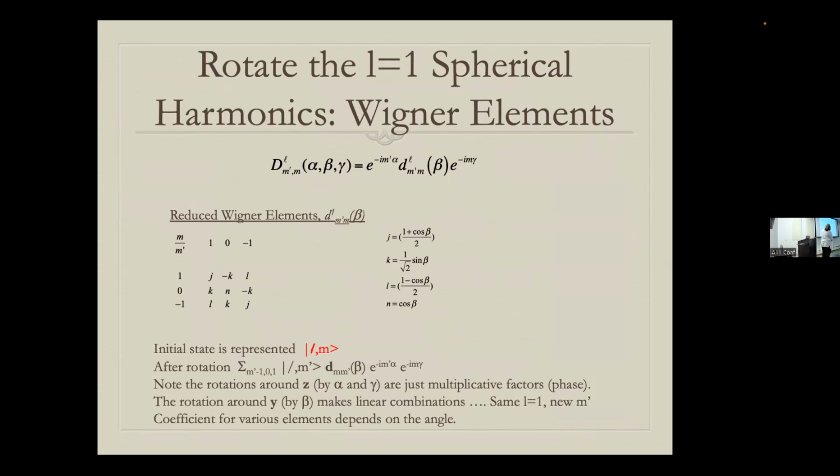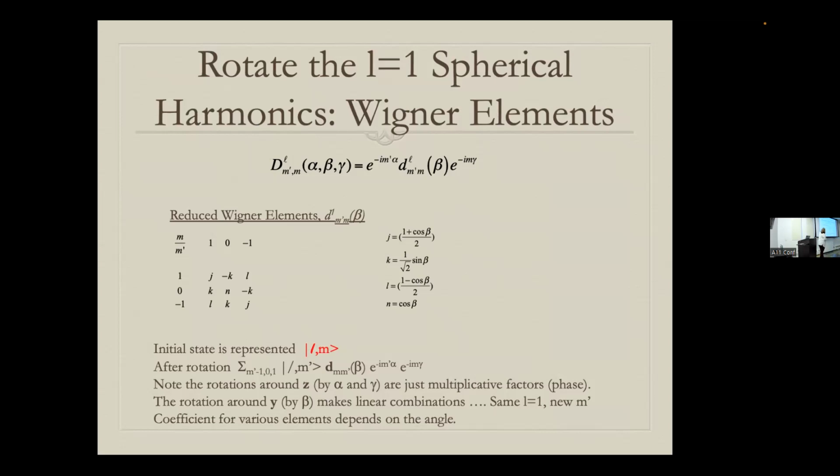Okay, so if I'm going to rotate something that's L equals 1, and it starts out, let's say m was 1, I want to know how much of m equals 1 do I have, how much of m equals 0, and how much of m equals minus 1? Well, the first answer is, well, it depends. What was the angle? But the answer is over here. So how much of 1 is left is this. That function should be 1 when beta is 0, and then it should get real small when it becomes 90 degrees, right?